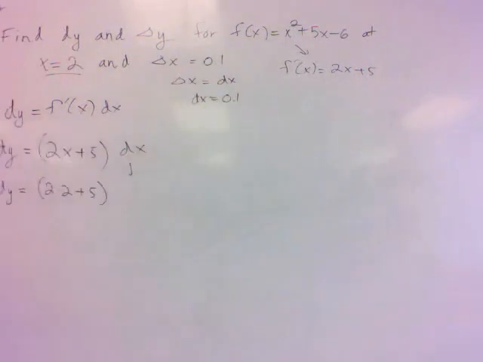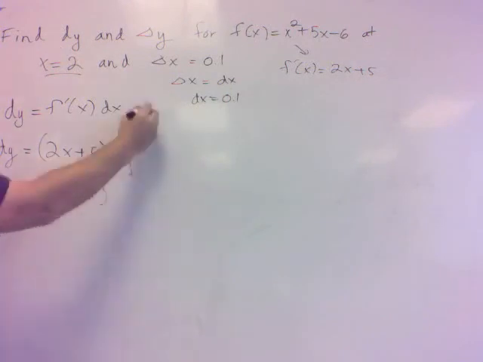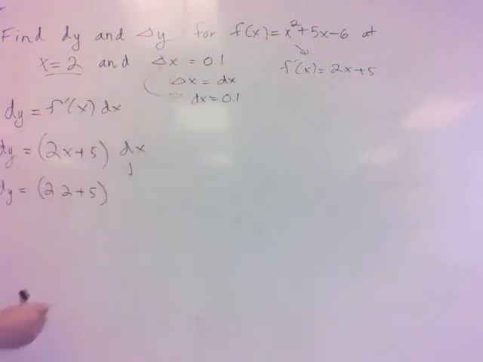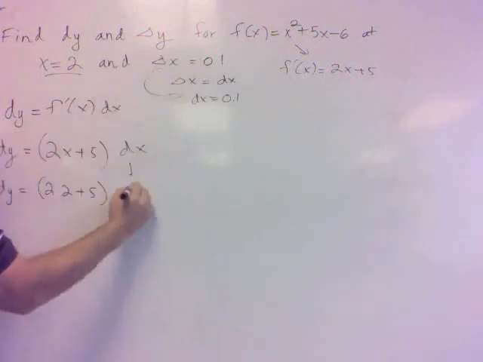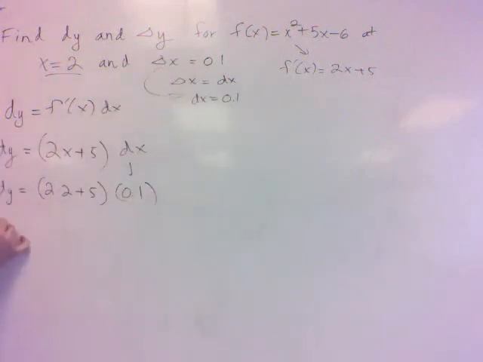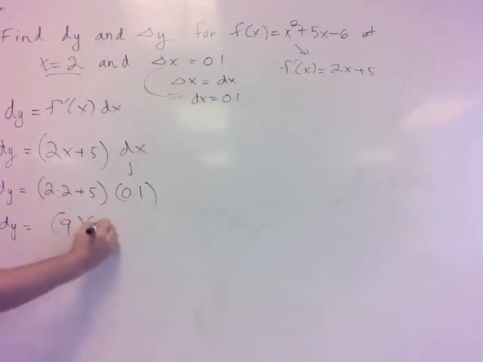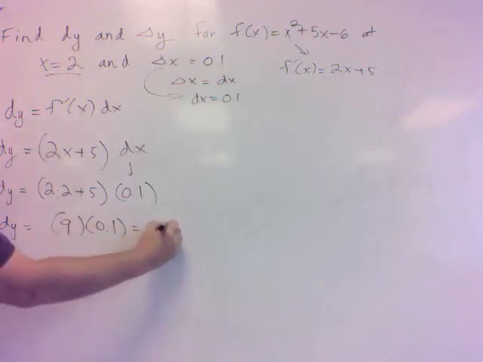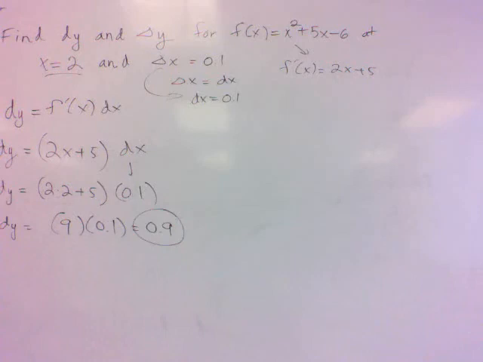It's also 0.1. Those two are the same because, you know, go back to the picture there. Delta x and dx are always equal. So delta x is 0.1, dx is 0.1. So it's, what is that, 4? So dy would be 4 plus 5 would be 9 times 0.1. That's 0.9. dy is 0.9 in this scenario here.